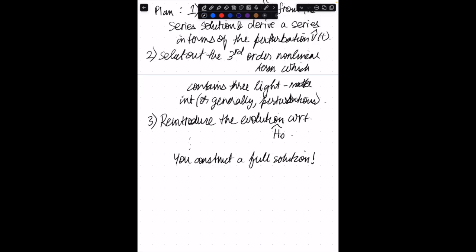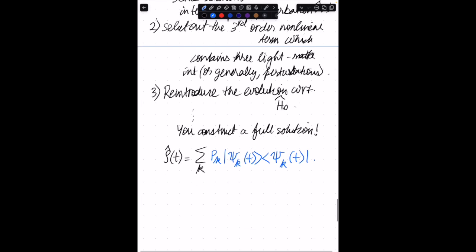To operate in this interaction picture, what we need to do is consider your density operator again. We are going to consider the density operator of the mixed quantum system, the sum over k of p_k, |psi_k><psi_k|.